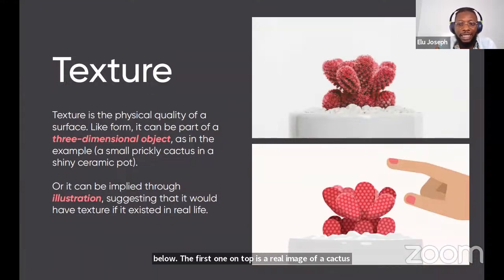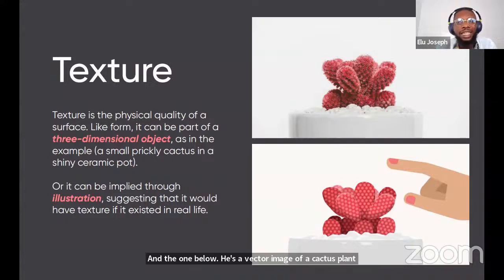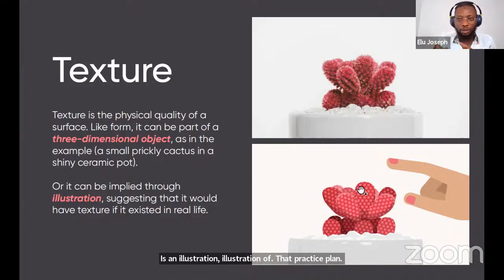The one below is a vector image of a cactus plant, which means it was illustrated. The one above was a snapshot taken from a real cactus plant, so it's a picture. The one below is an illustration of that cactus plant. Form and texture have been used to make it look real, but it is not real. I hope that is clear now.